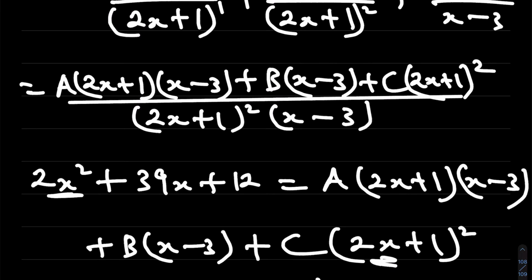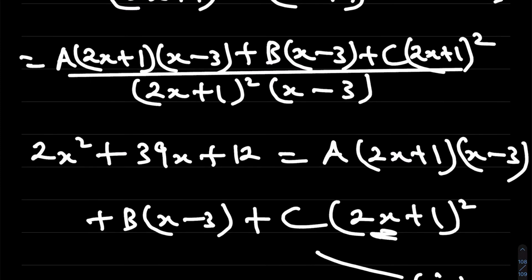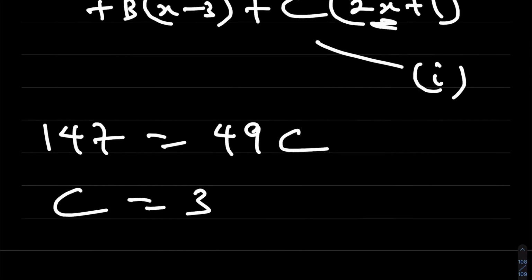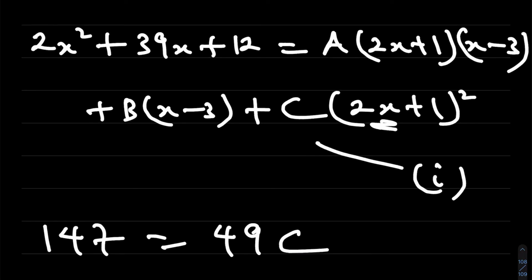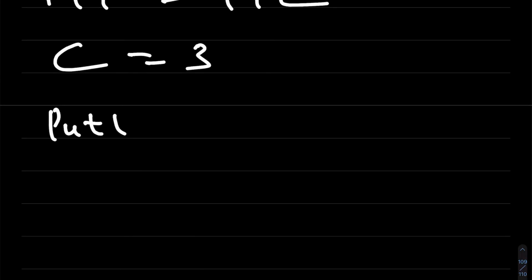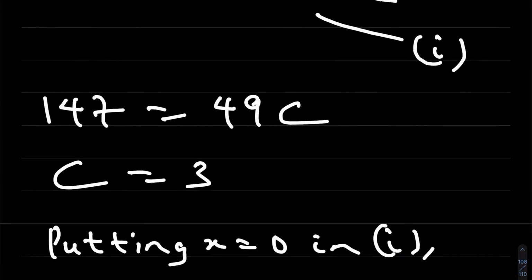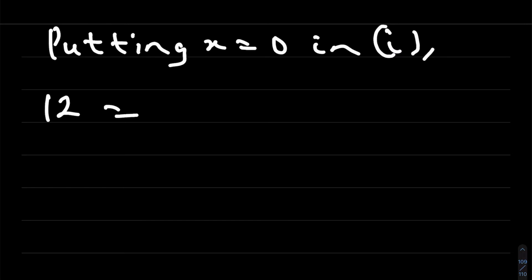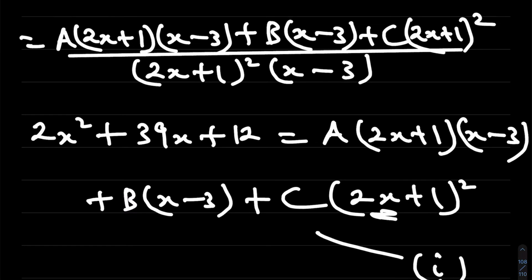Now what else? Now let's put x equals 0 in equation 1. If I put x equals 0 in equation 1, the left hand side will become 12. So that simply means 12 equals, and the right hand side will become, this will be 2 times 0 is 0 plus 1, 1.